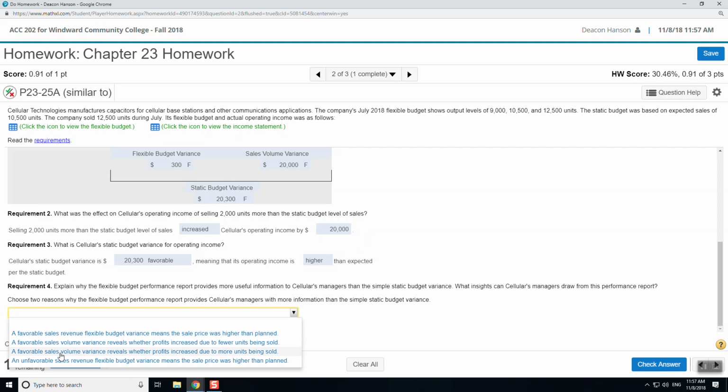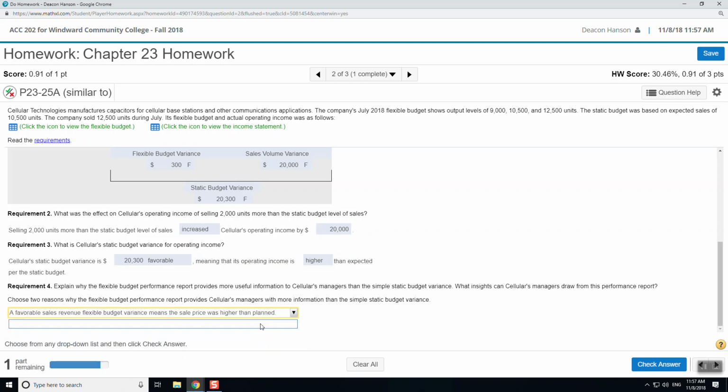A favorable sales volume variance reveals whether profits increase due to more units being sold. I like that one. So I like the first and the third one so far. Let's see what the fourth one is. An unfavorable sales revenue flexible budget variance means that the sale price was, no, that's actually explaining what a favorable sales revenue flexible budget variance would be. So I'm going to take out the second and fourth, and I like the first and third, and we can go over one more time. A favorable sales revenue flexible budget variance means that the sale price was higher than planned.